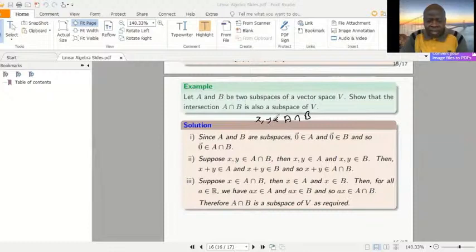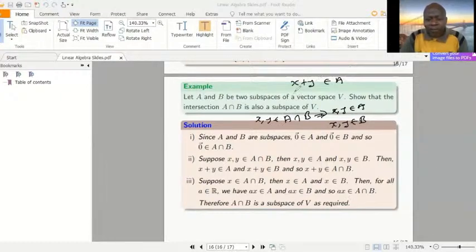So if x and y are in the intersection, what this means is that x and y are in each of these sets. x and y are in A, and also x and y are in B. That's what it means. And remember that A was a subspace. So x plus y is in A, because A is a subspace, it must contain the sum of any two vectors.